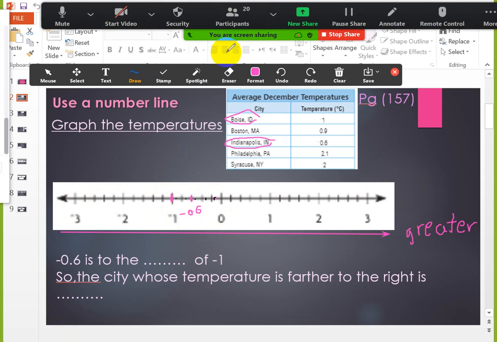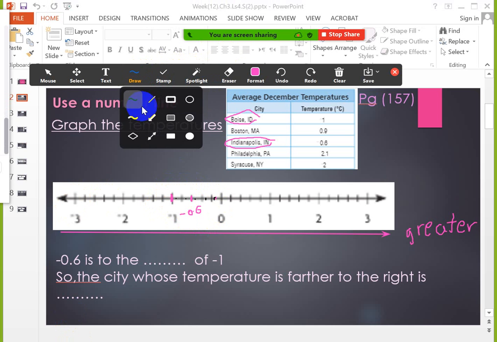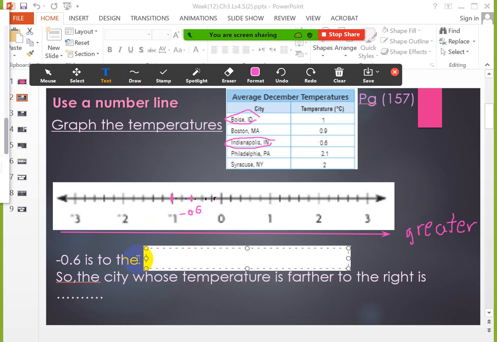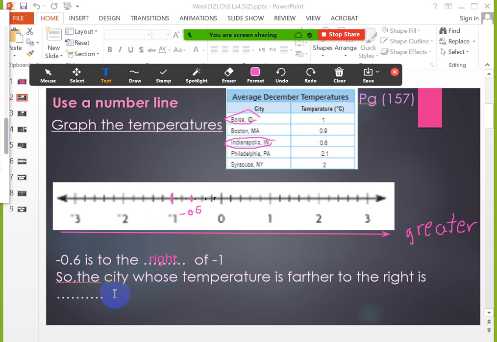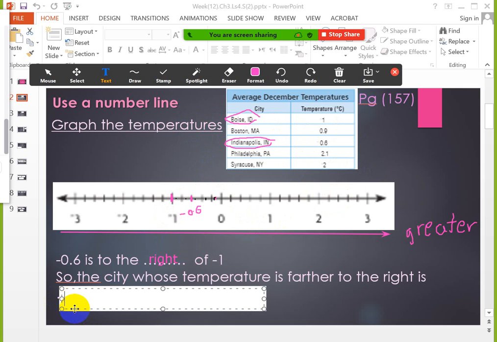Okay? So I will fill this one with right, and the city whose temperature is farther to the right is Indianapolis here. So the temperature for this city is the greater. Okay?